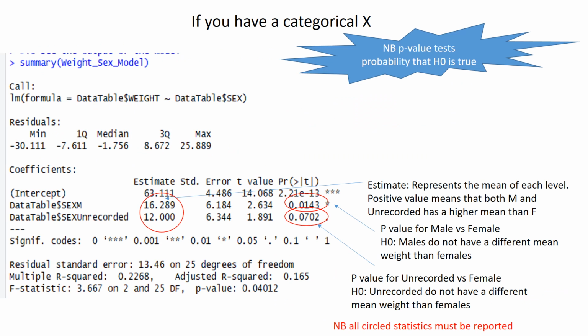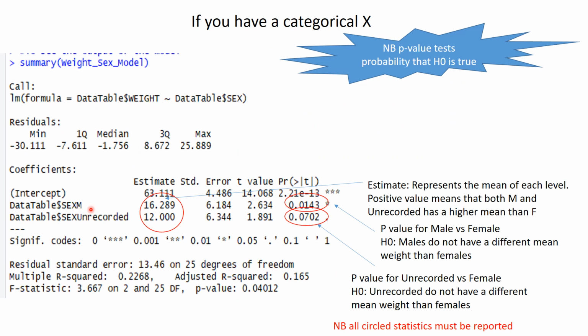Okay, so we go back to the summary table, which we were at before, and we look now at the coefficients table, right? And some of the answers are here. Again, we have p-values, so it looks very similar to the coefficients table where we had a continuous predictor variable. But remember, we have more than one line for sex here.